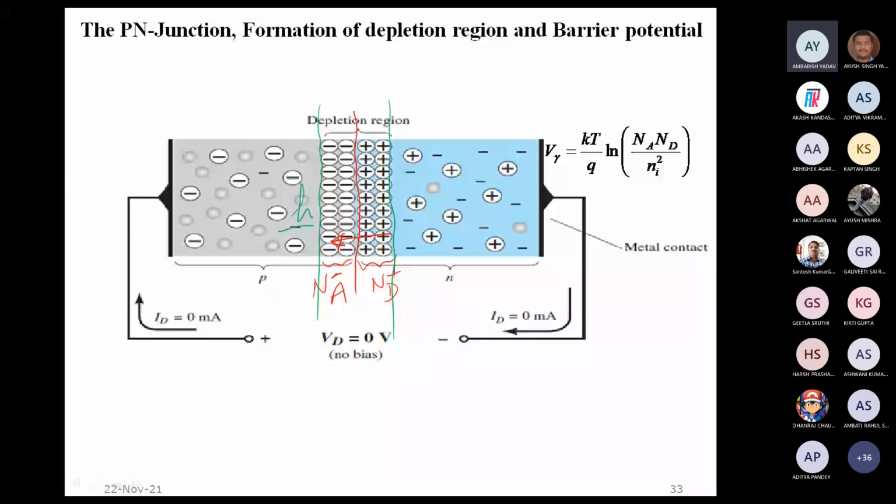The holes are confined to the P region, whereas the electrons feel the force opposite to the electric field direction, and so electrons are going to be confined in the N region. In between, we don't have any mobile charge carriers, so this region is depleted of charge carriers and is called the depletion region. So this is what the depletion region is.